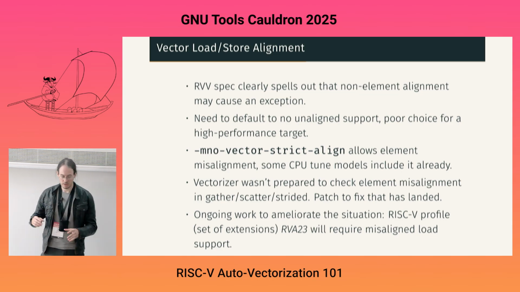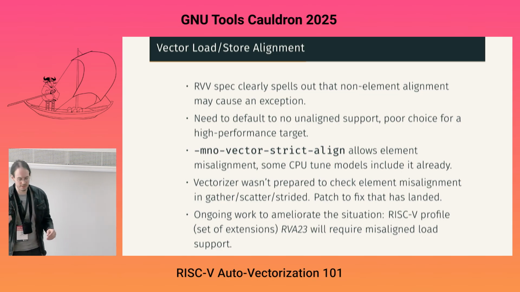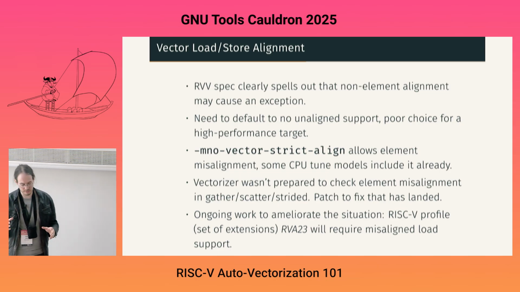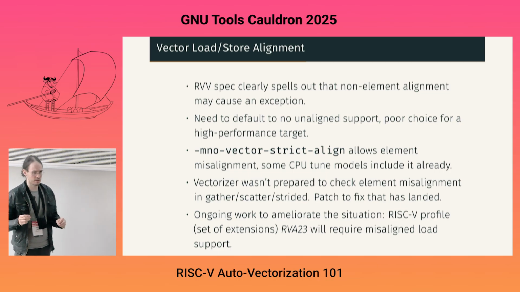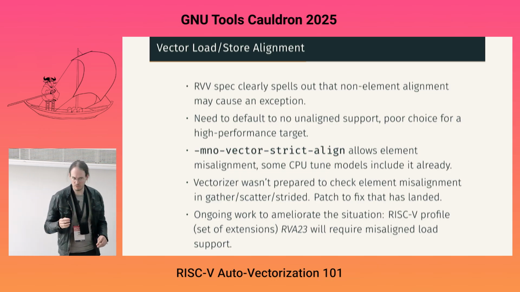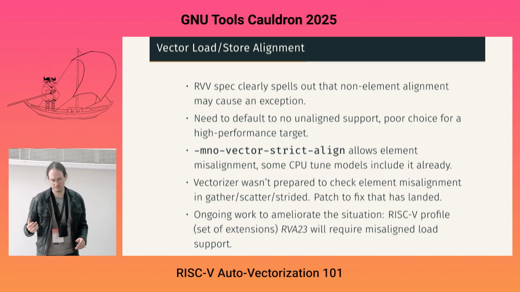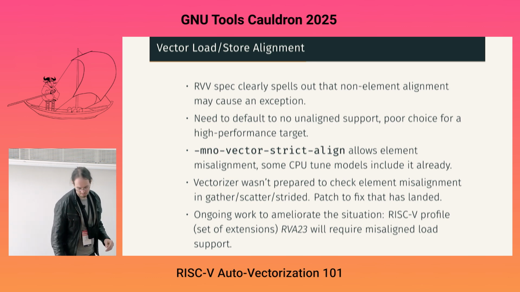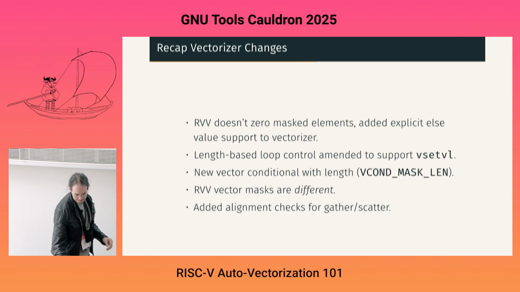And there's also work to ameliorate the situation. There are RISC-V profiles now that mandate that misaligned access should be supported. It can be slow, I guess, but you should not fault. So in the future, we should be better off. But for now, that's the status.